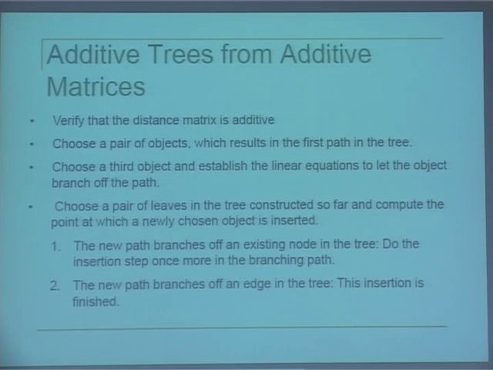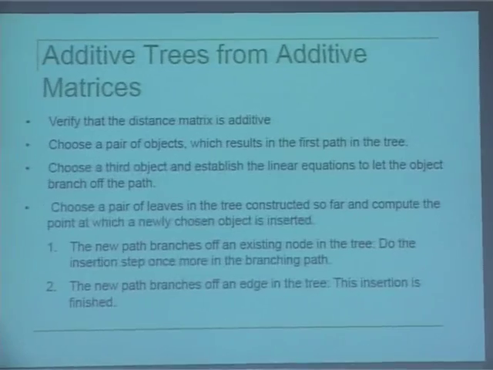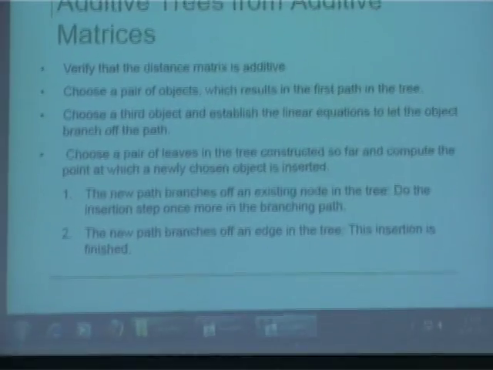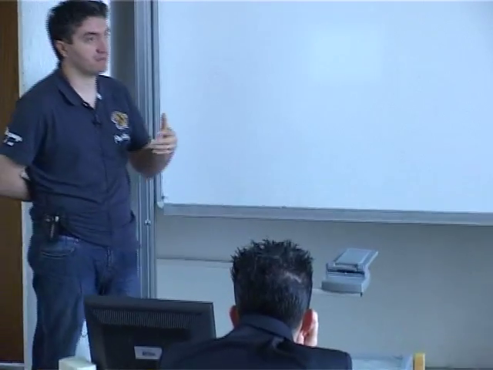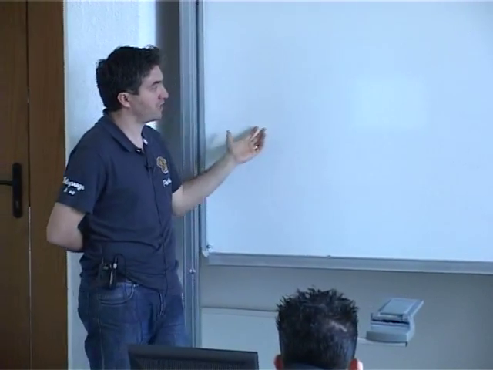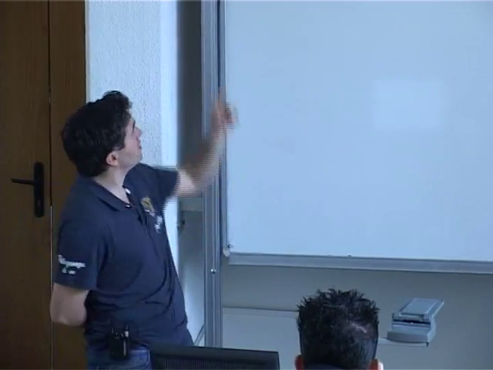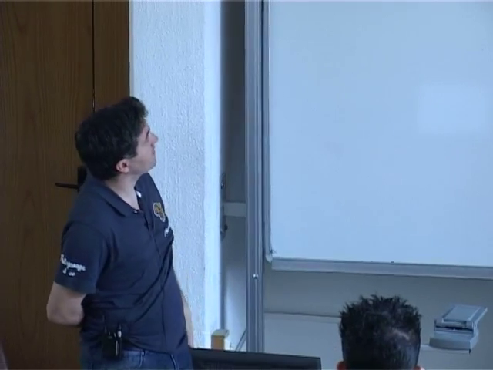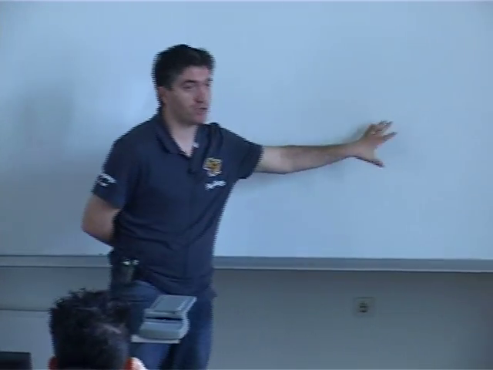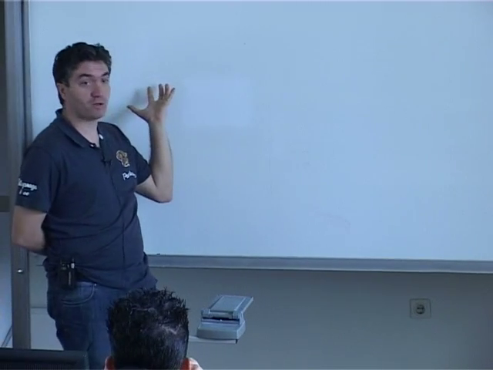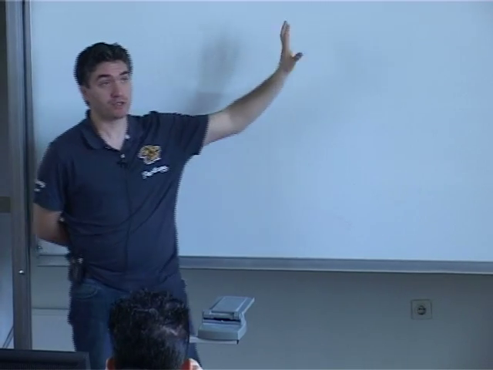And if the distance we have here is additive, if it's a metric distance matrix, meaning that symmetry and triangular inequality hold, and we have all positive distances and 0 distance only for identical objects, then after verification of the distance matrix, we can use this algorithm to build a tree, and the tree we are going to have is going to completely satisfy all the distance values here.